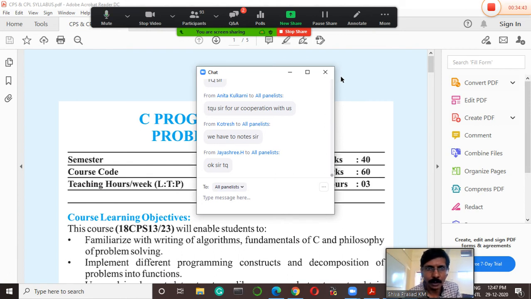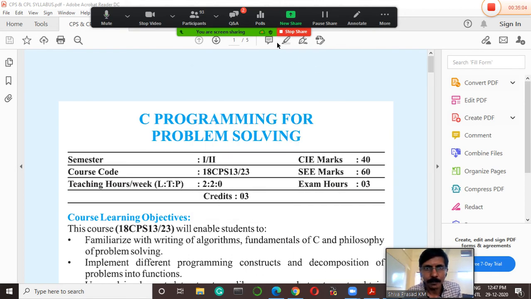You can get it as an extra book, which may be helpful for your class preparations. I have written it in a simple manner, and that book is available in the library. You can use that book also for your studies.